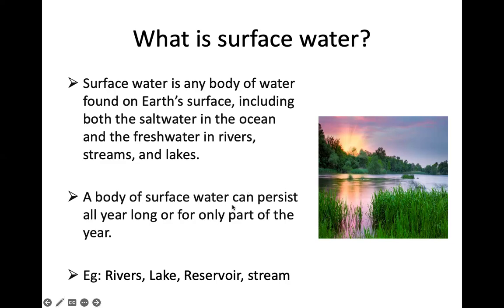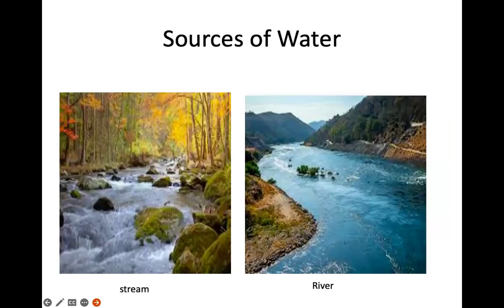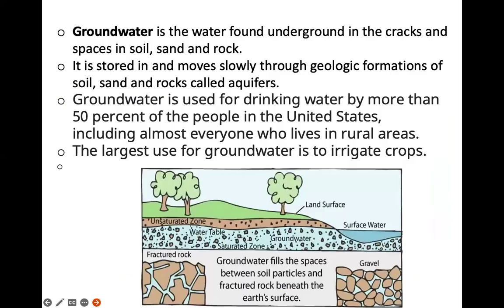Now, the body of surface water can exist all year round or for only a short period of time, and this includes rivers, lakes, and streams. The slide you see here shows pictures of surface water that are very visible. So one would say that because this water is always on the surface, it is likely to be polluted. Let's compare them to groundwater.